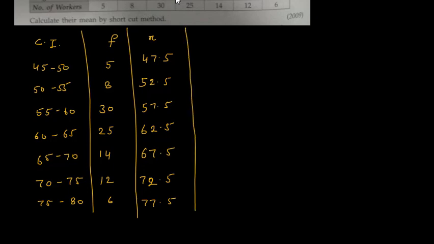For the next column we have to use the shortcut method. So we take the value of a. There are 7 data values, so the fourth value is 62.5. Better we take 62.5 as a, and the formula for d is x minus a.